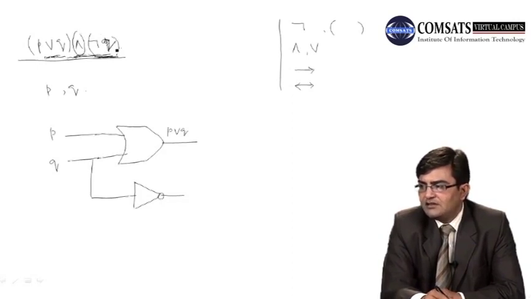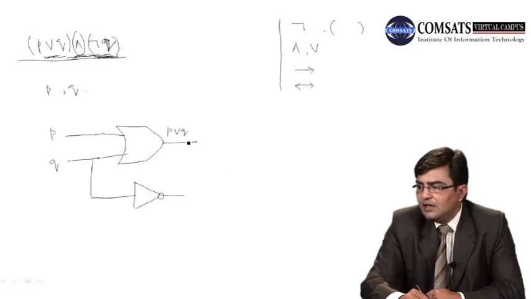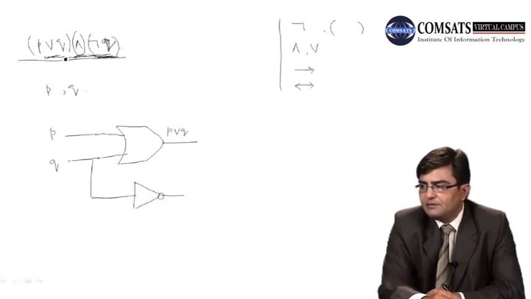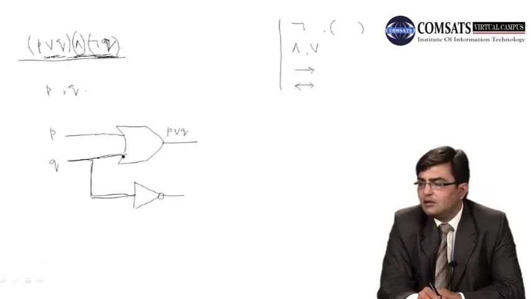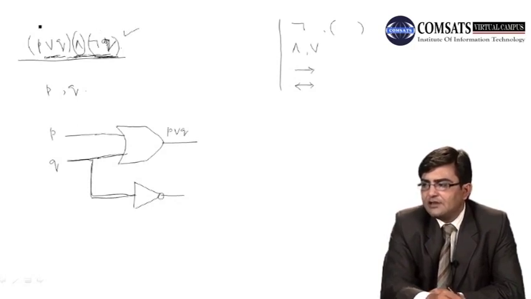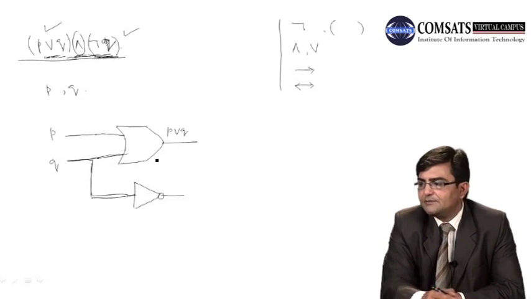Here we have this expression, and here we have P or Q. Q is coming right here also, and Q is going to this logic gate also. Q is the input of this logic gate also, and Q is the input of this logic gate also.